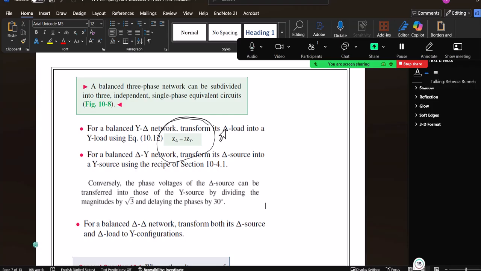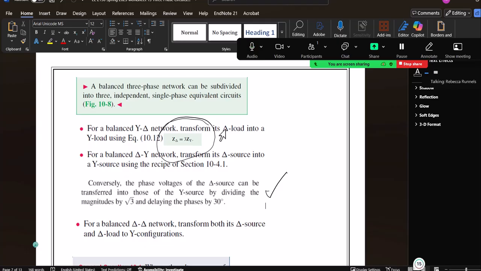If you have a delta Y, so your delta is a source, you change your source to a Y using the method where we said to change a delta to a Y: you divide the magnitude by square root of 3 and delay the phases by 30. And if you have a delta delta, you transform both the source and the load to Y configurations.